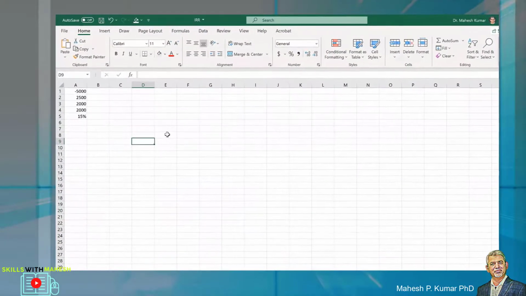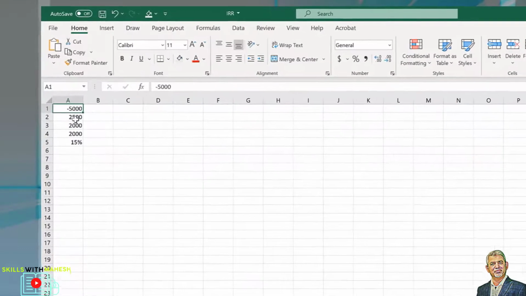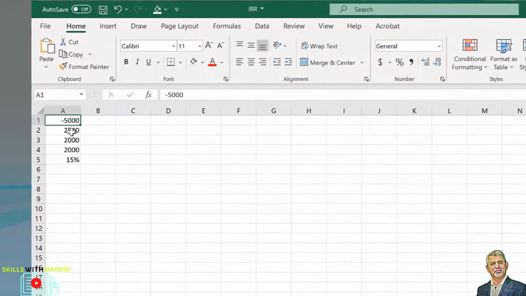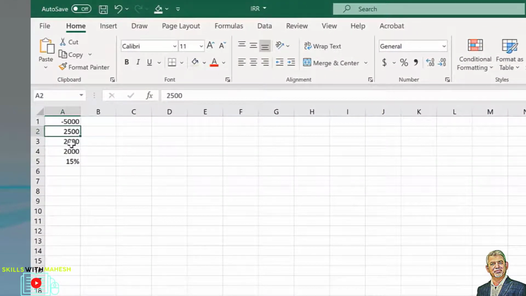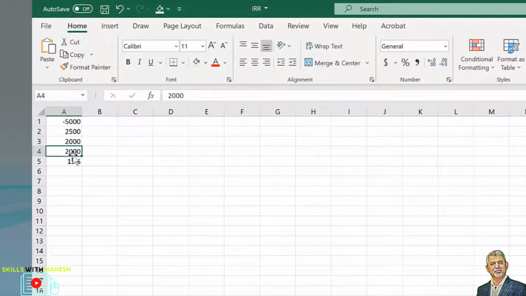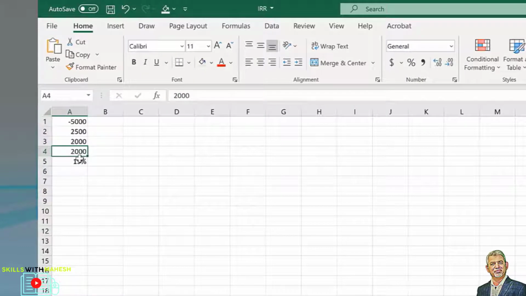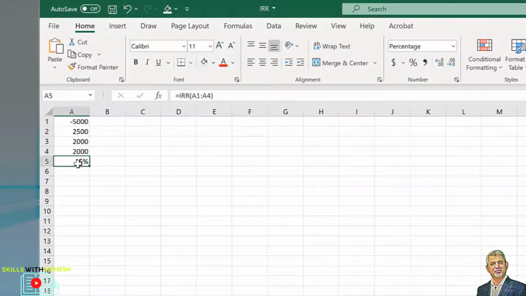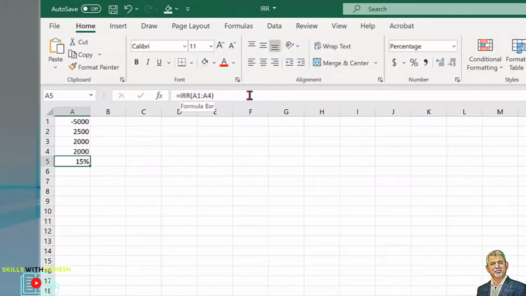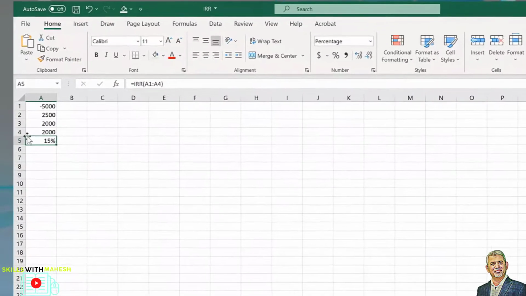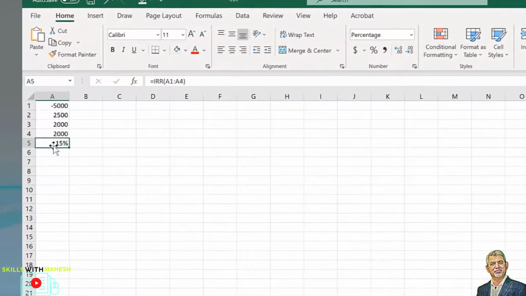So this is the same question. 5,000 was the investment, and 2,500, 2,000 and 2,000 were inflows for the remaining years. Internal rate of return is actually inbuilt in Excel, so you have to use the internal rate of return formula.